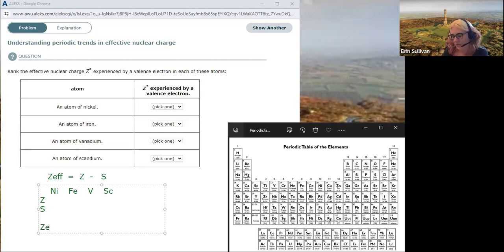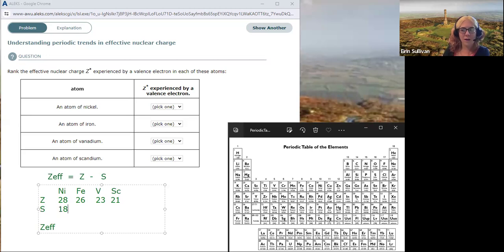Remember what we predicted: nickel would have the highest effective nuclear charge, and therefore scandium would have the lowest. Z of nickel is 28, Z of iron is 26, vanadium is 23, and scandium is 21. They all have the argon and then 4s2 3d configuration, so S, the shielding constant, is going to be the same for all of these.